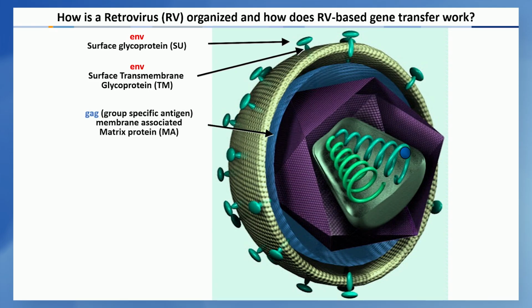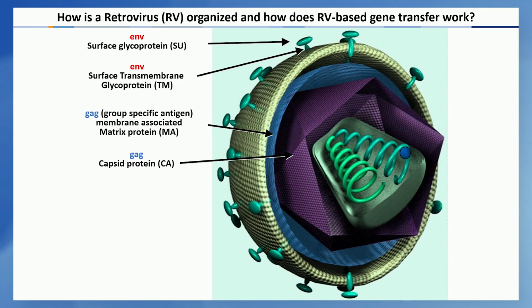We have the group-specific antigens, the GAG proteins, the membrane-associated matrix protein. For the mouse retrovirus, we have an icosahedral structure, which is not the same in the different retroviruses, forming the capsid.